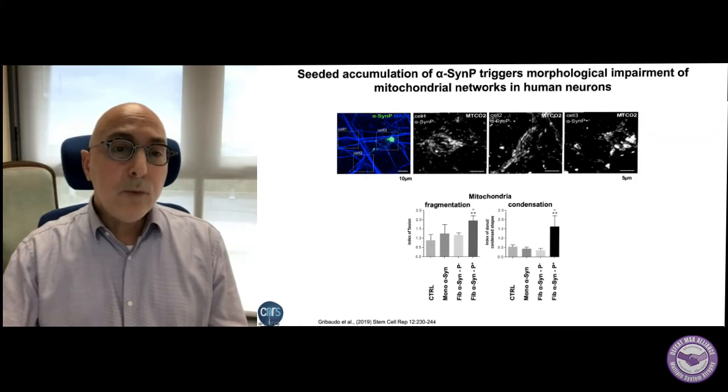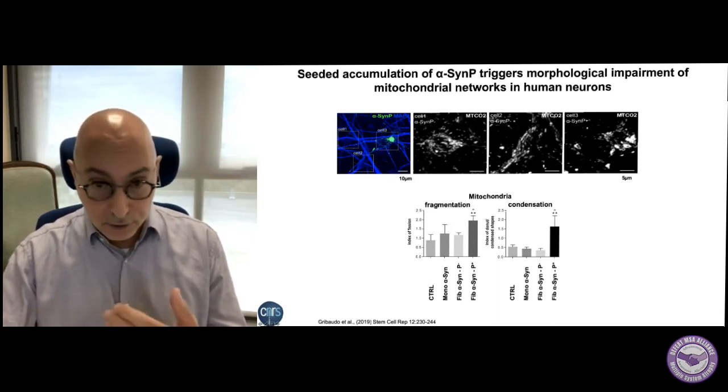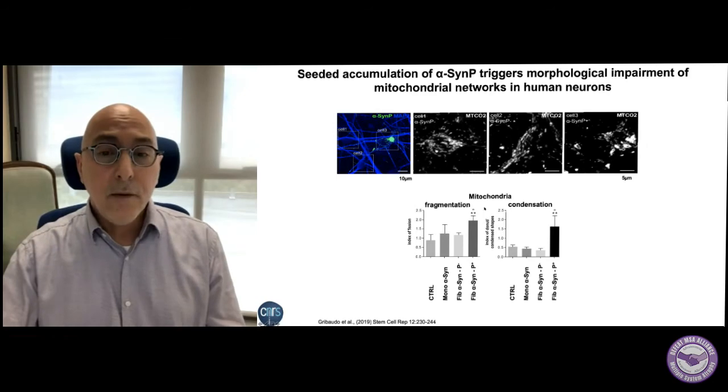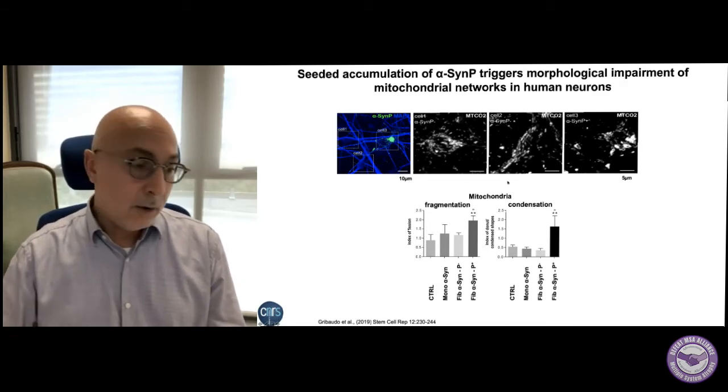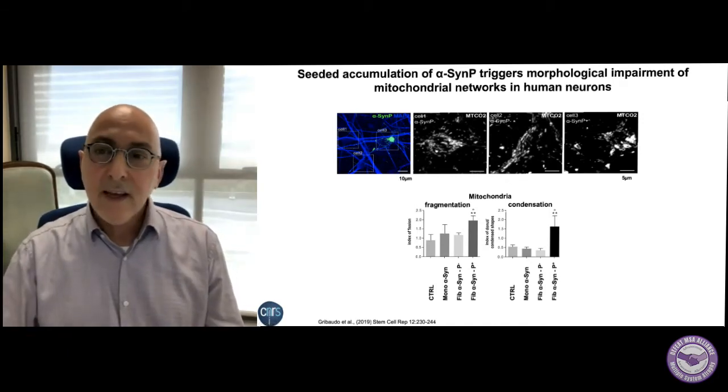In the cells where we had seeding and recruitment of the endogenous alpha-synuclein, and only in these cells, we observed another event, which is mitochondrial fragmentation and condensation. And this, again, is deleterious. Mitochondria are the power station of our cells.